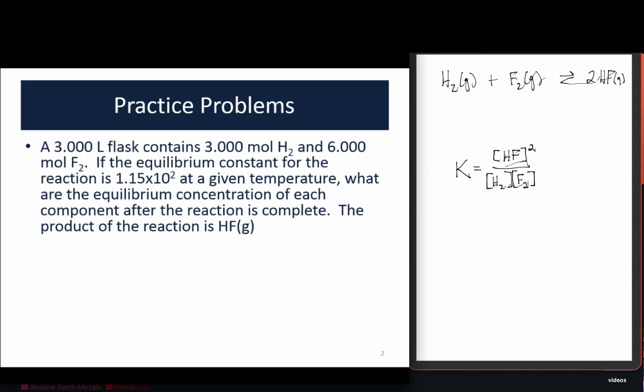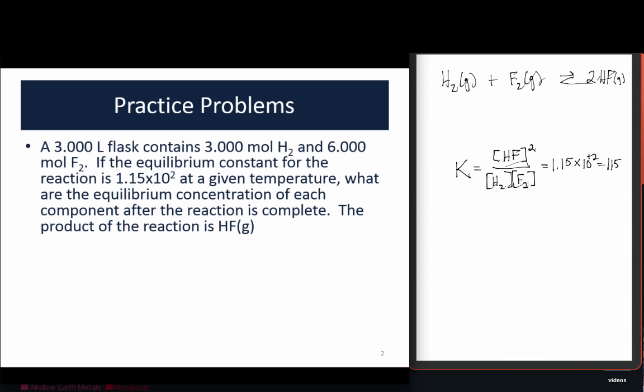And this has a value of 115. Remember the equilibrium constant is unitless, and so we just have to remember when we're solving the problem to plug our values back in.